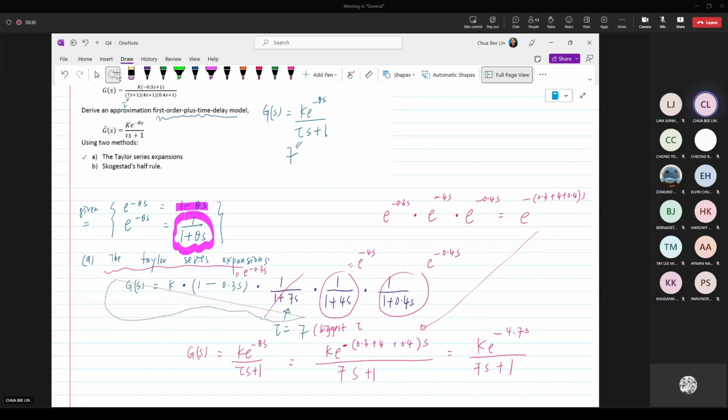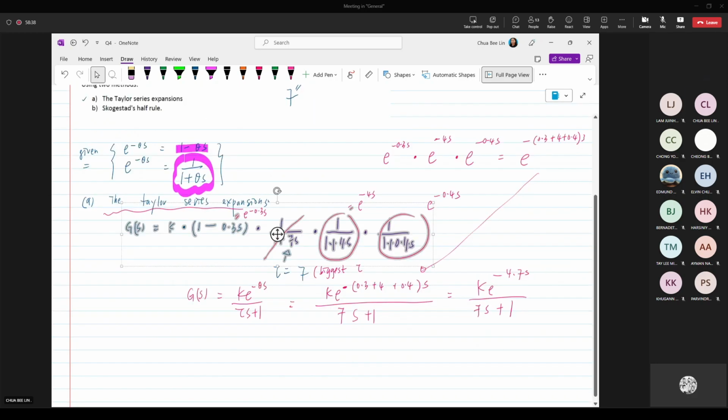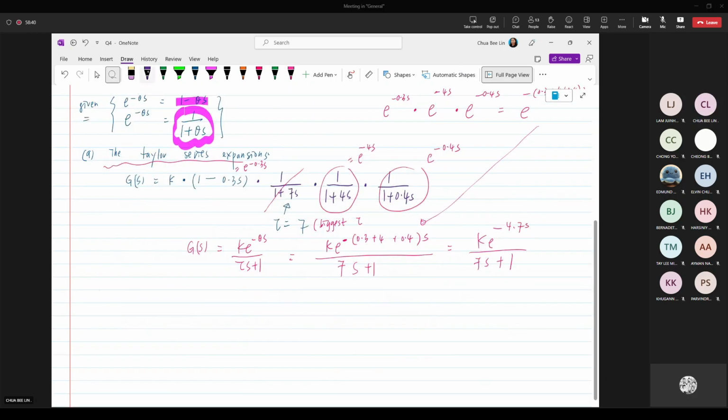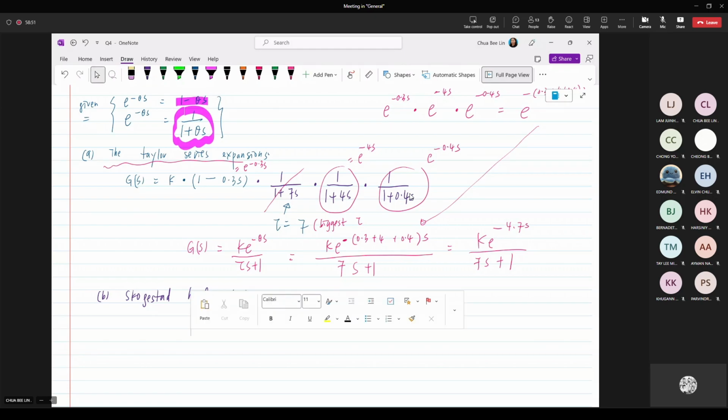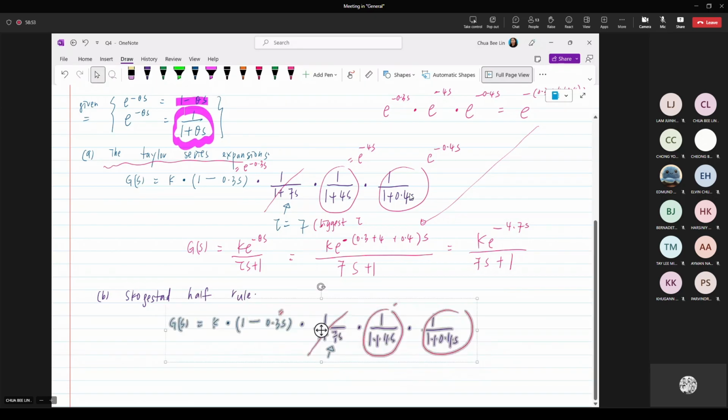Do the expansion. Now for the second approximation method, which is the Skogestad half rule. So this is the B. So from here, erase first.